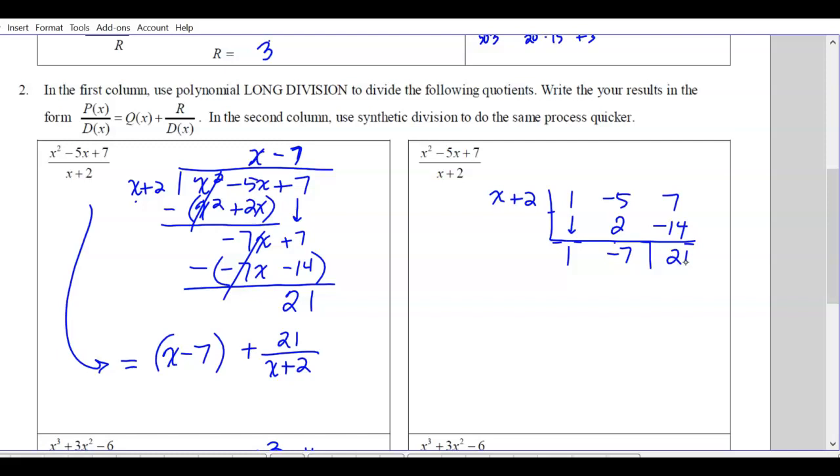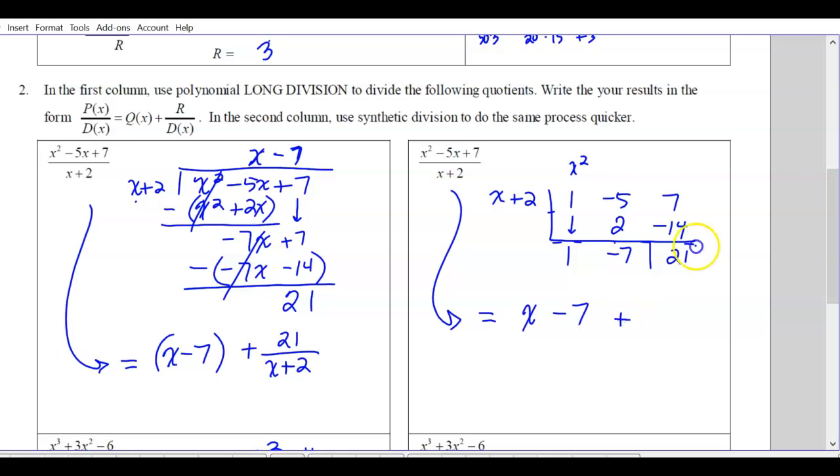Okay, so how do you interpret this in getting your answer in the correct form? So this is equal to, well, what's your quotient? So looking at this, if you started with an x squared, then this is going to be the next degree lower. So this is going to be x. Next degree lower is a constant, so that's x minus 7.